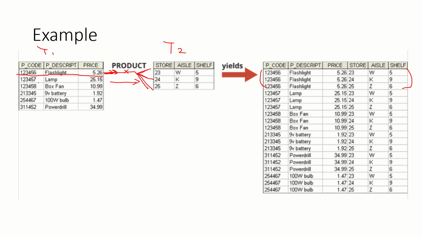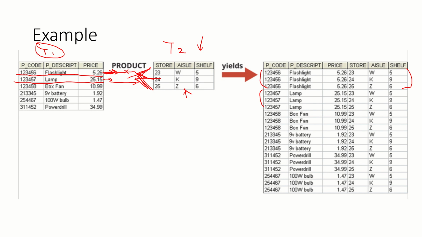Okay, the second row will do the same thing. They combine them together and create another 3 records. So how many records for each record of table 1? It depends on how many rows there are in table 2. For this one, they have 3.